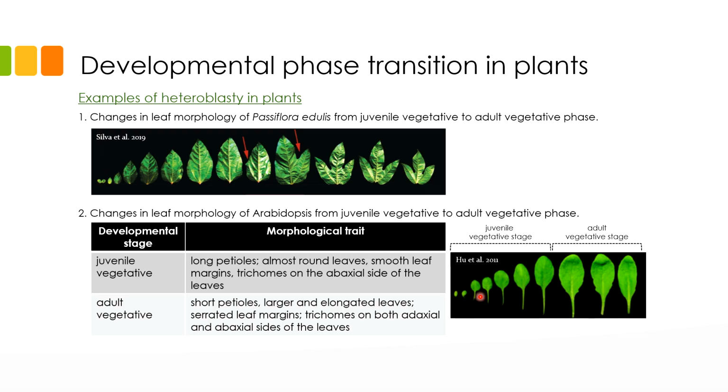The leaves are also rounder, with smooth leaf margins and trichomes or hair-like structures on the lower side of the leaf. As the plant transitions to the adult vegetative stage, the petioles become shorter and the leaves become larger and also elongated. There will also be serrations or teeth-like structures in the margin of the leaves, as well as trichomes in both the upper and the lower side of the leaves.